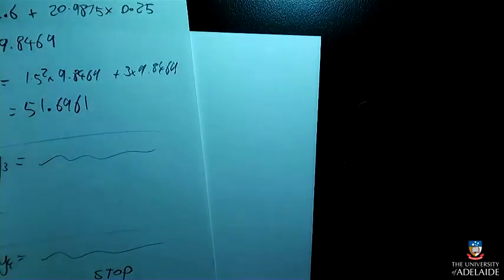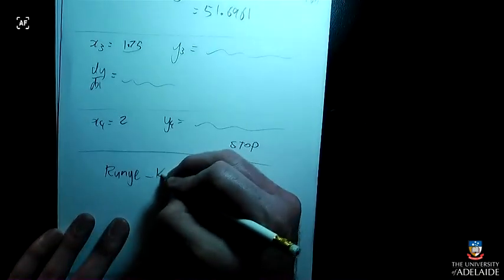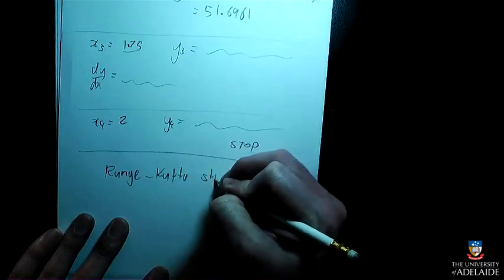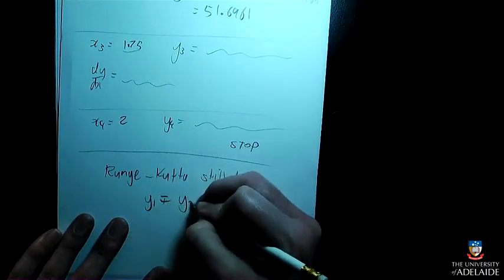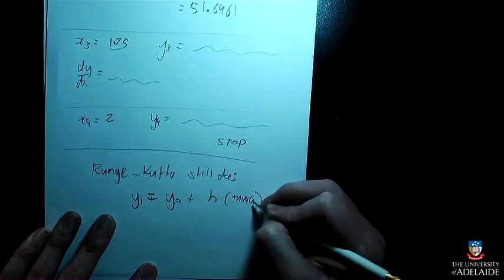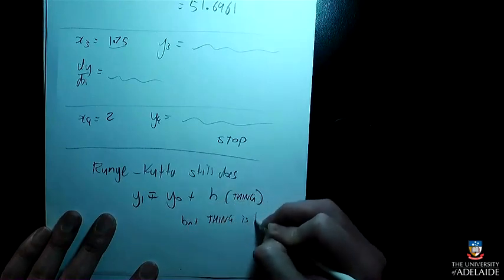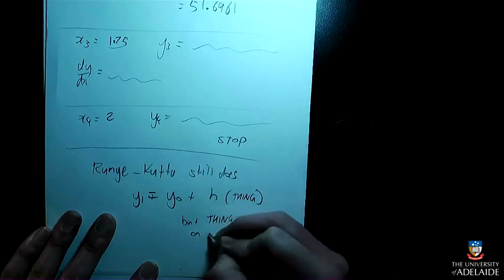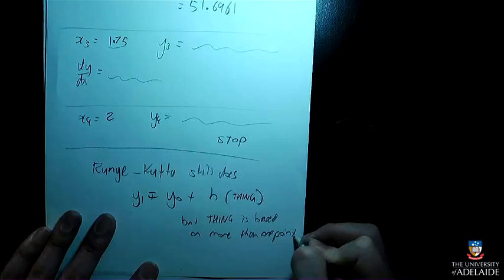Okay. So I should probably write down something like: still does y1 equals y0 plus h times something, but the something is based on more than one point rather than just the previous one.